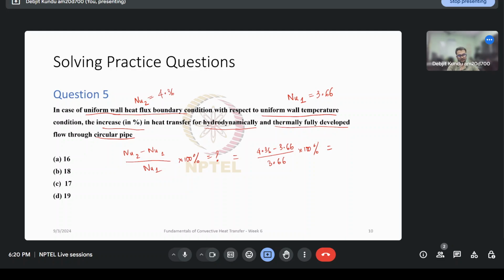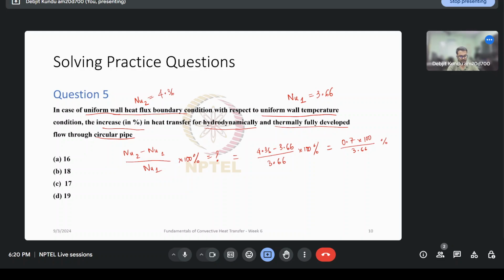Let me check. So 4.36 minus 3.66 gives me 0.7, into 100, divided by 3.66%. So it's like 70 by 3.66.